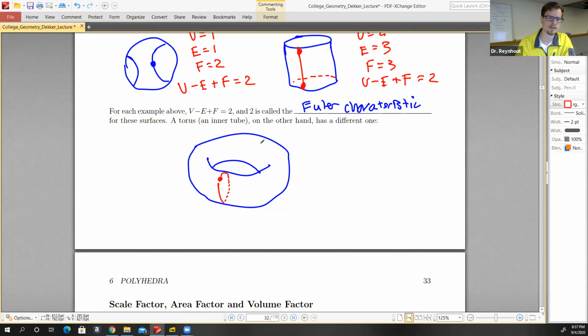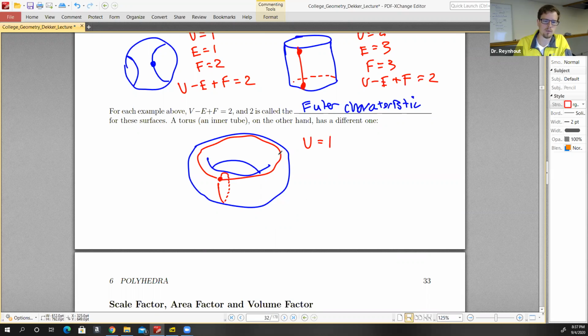All right, cool. And then if I wanted to, I would want to add another one that goes around the top here. Excellent. So like that. If I do that, what I have is I actually have one vertex.